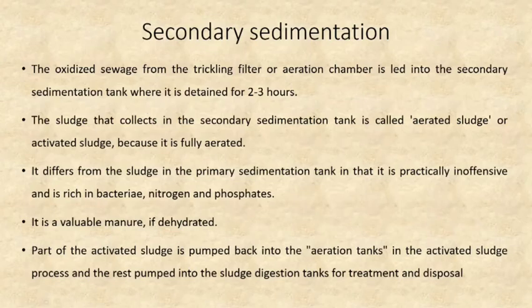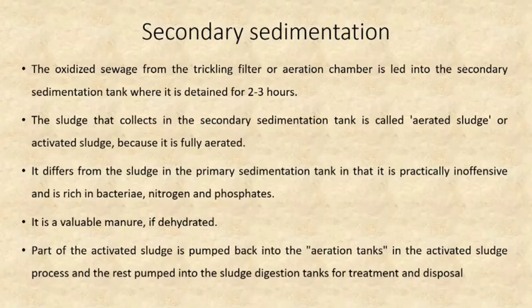After the activated sludge process or trickling filter process, the sewage is allowed to go into secondary sedimentation. In secondary sedimentation, the oxidized sewage from the trickling filter or aeration chamber is laid into a secondary sedimentation tank where it is detained for 2 to 3 hours.